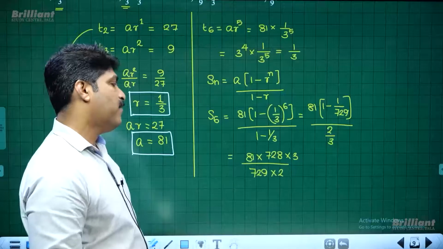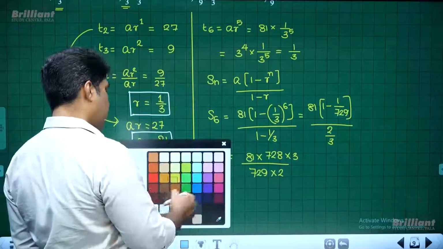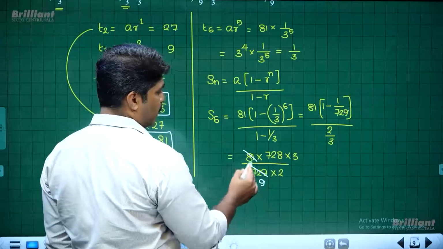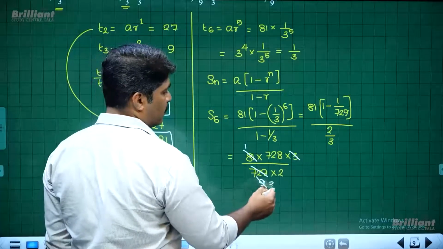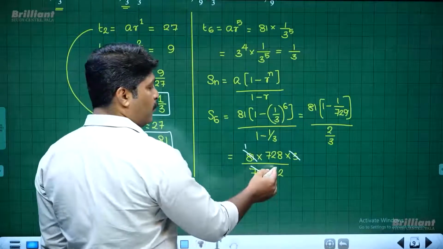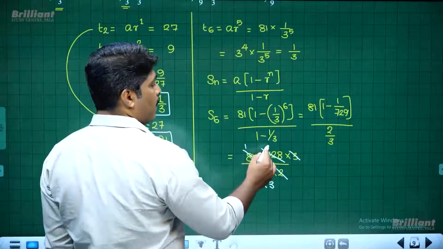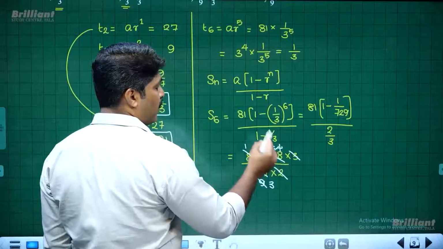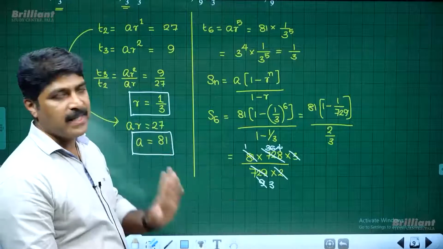Then we can simplify these values. Here we just consider 81 and 729. This is 9 times, right? And this 3 and 9, that is 3. So then 2 and 728 gives 364 here. So finally our answer is 364 by 3.